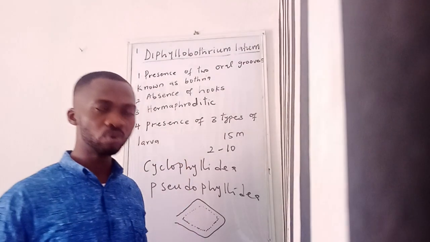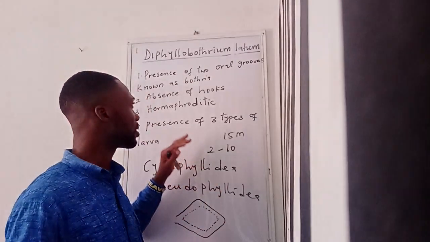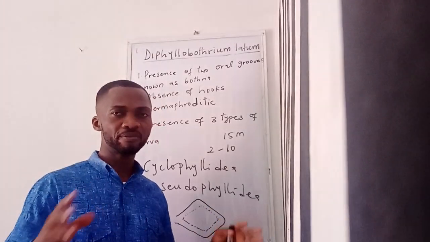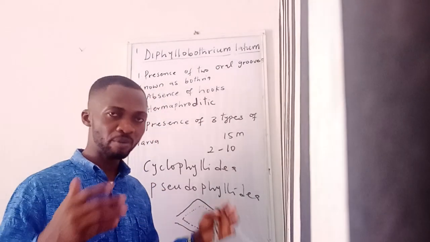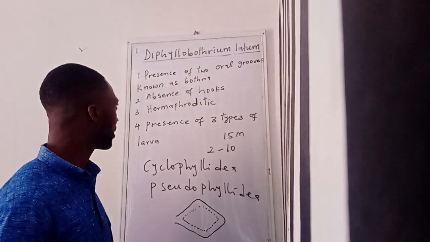They don't have hooks. It is the botria, the two oral suckers, that perform the function of hooks, as you can see in members of Cyclophyllidea.